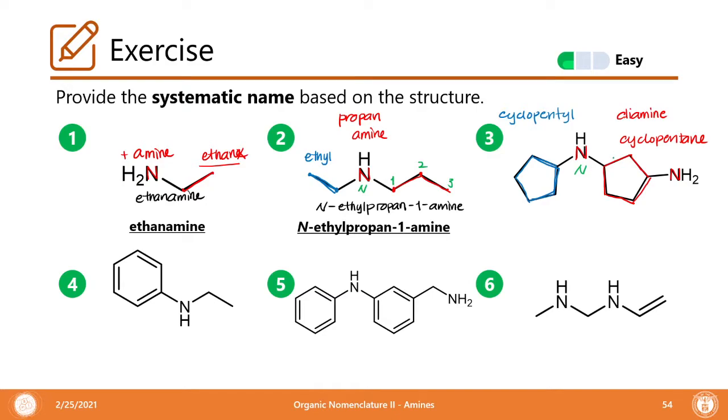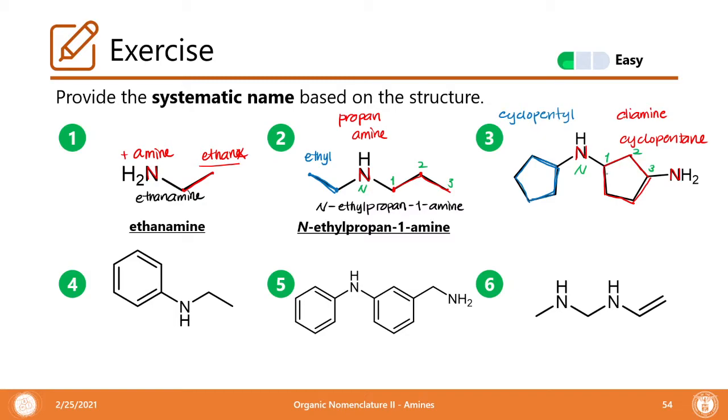So we have to give it a number. So this would be 1, 2, and 3. We chose this as number 1 because this has a substituent connected to it. So we want to maximize the substituents.